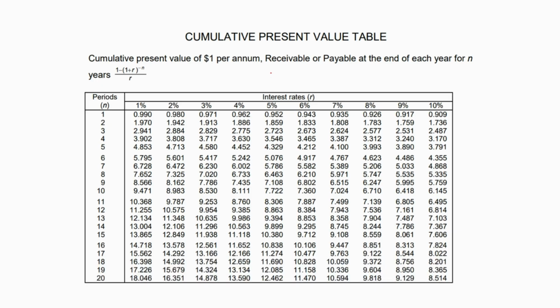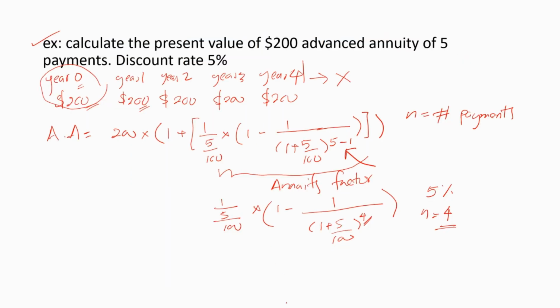The interest rate is 5%, which is this column, and n equals 4, which is this row. So this is the annuity factor, 3.546. Now we can simply calculate the advanced annuity using this annuity factor.